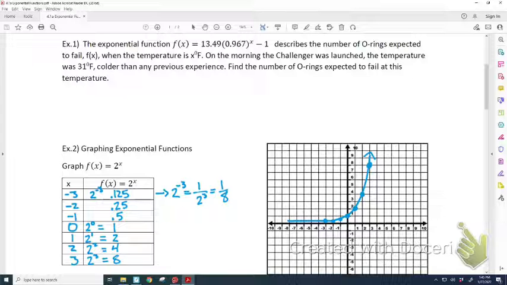And there's our graph of our exponential function. That's typical of what they look like. It'll be really flat and then increase rapidly, or vice versa. Maybe it's decreasing rapidly and flattens out. But that's the function for 2 to the x.